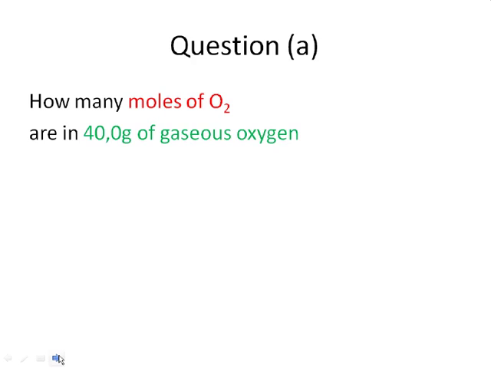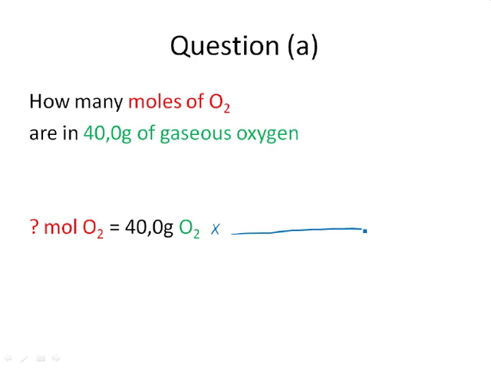Write the question in an equation form. Pause until you've done this. How many moles of oxygen are in 40 grams of oxygen? Now we need to multiply this by, in effect, 1, by a fraction where the numerator and denominator are equivalent, and so in effect the whole fraction is 1.